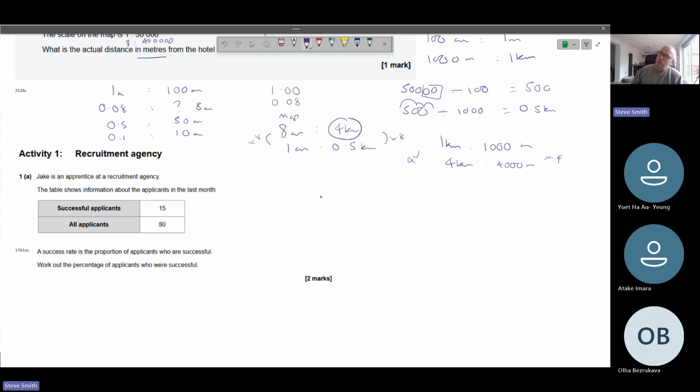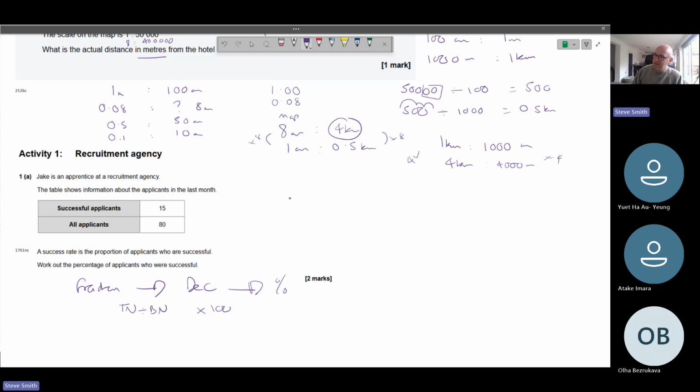Well, we know if we've got a fraction, we can get it to a decimal by saying top number divided by bottom number. And we know to get from a decimal to a percentage, we just times it by 100. We can do all that because we have got a fraction right here.